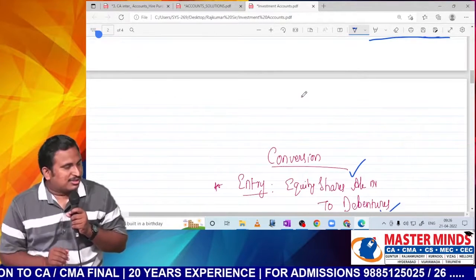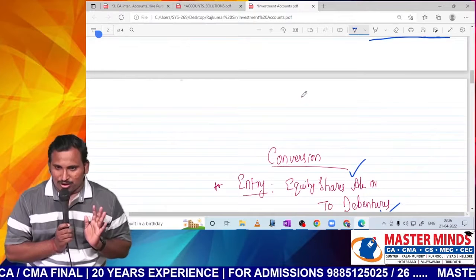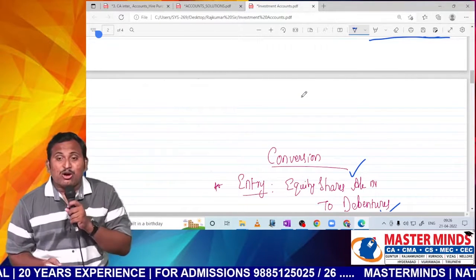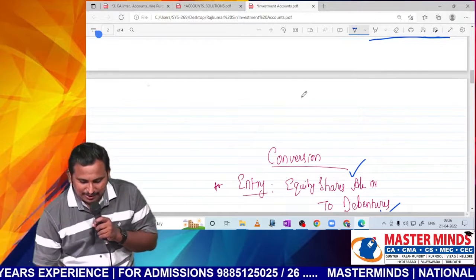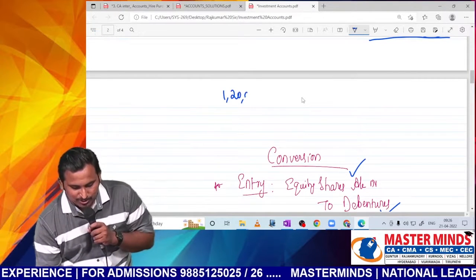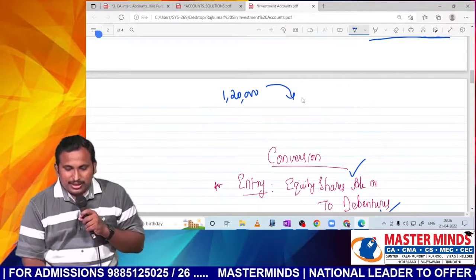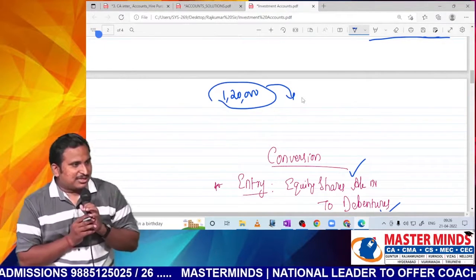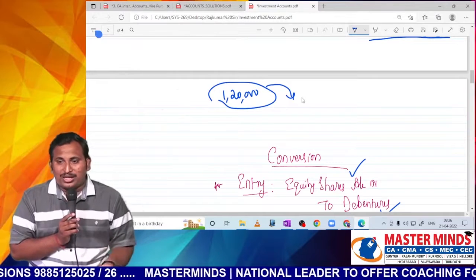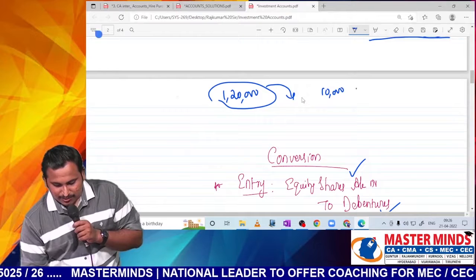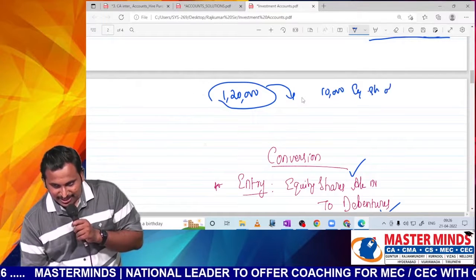Now the question is, what about profit or loss? Now look here carefully. Let us assume the cost of the debentures which are being converted is 1,20,000. They may give in the question like this: in conversion of this 1,20,000 worth of debentures, I will give you 10,000 equity shares of rupees 10 each.